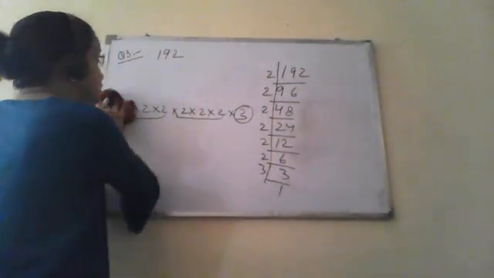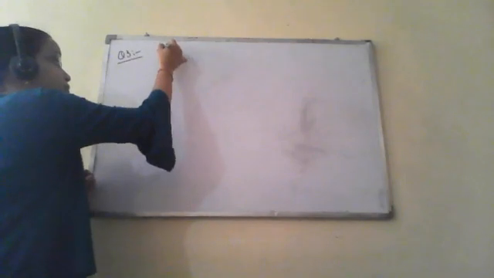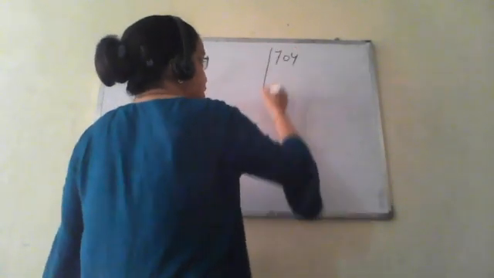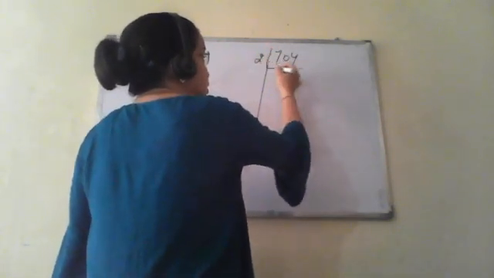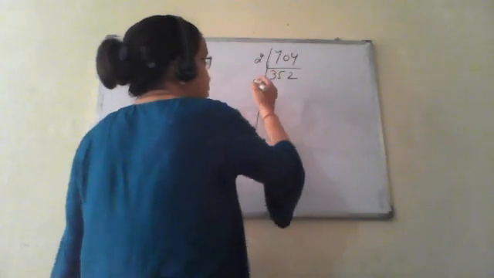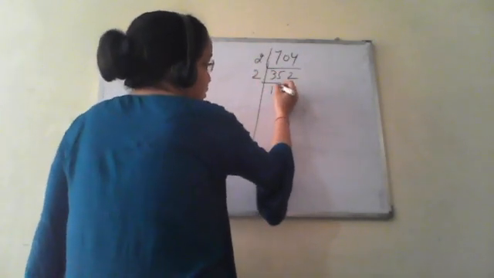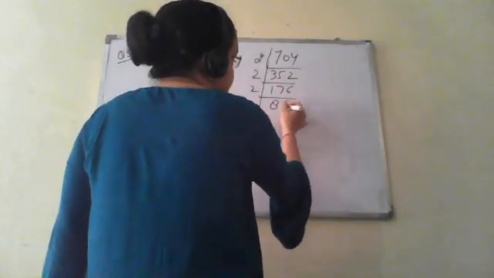The last part is 704. So the prime factors for 704: this is 352, 176, 88.